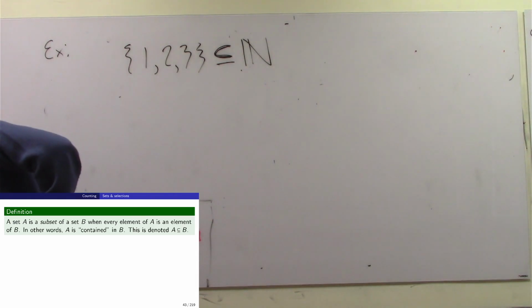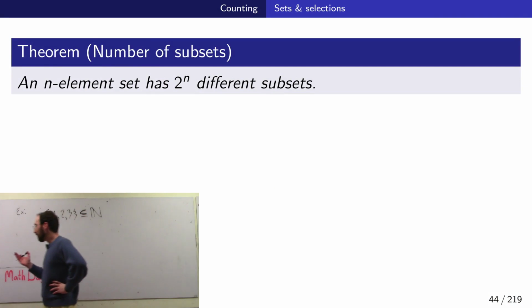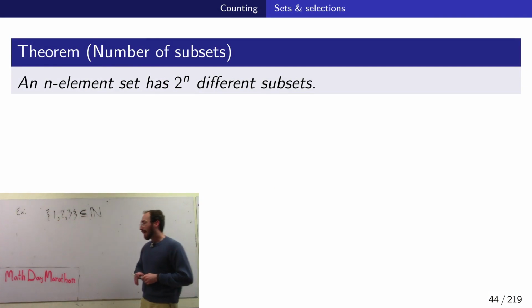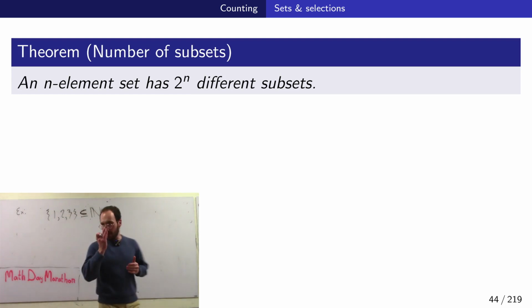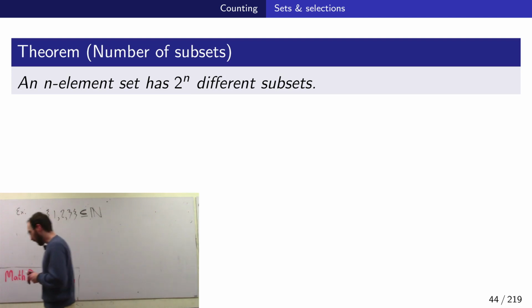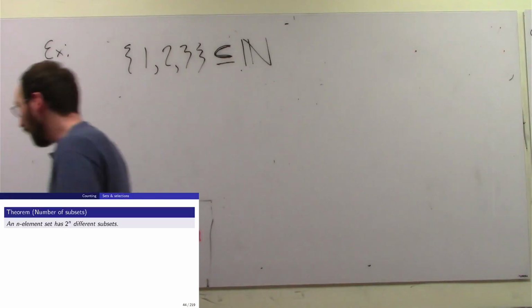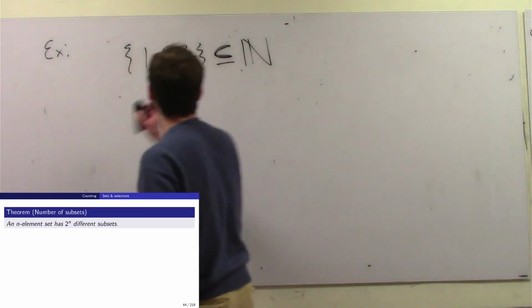So we're talking about subsets and we're talking about cardinality. What I'm curious now about is how many subsets we have. We're counting now. So this theorem states that an n element set has 2 to the n different subsets. So how are we going to figure this one out? Now, let's just look at 1, 2, 3 here.